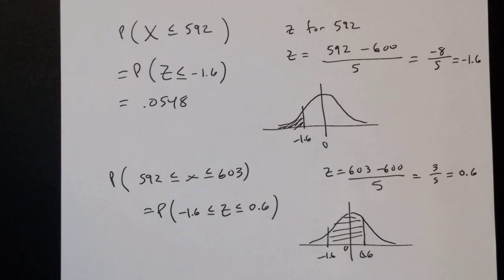There are lots of different ways to figure out this area. If I want to use table C2 again, I'd need to find 0.6.